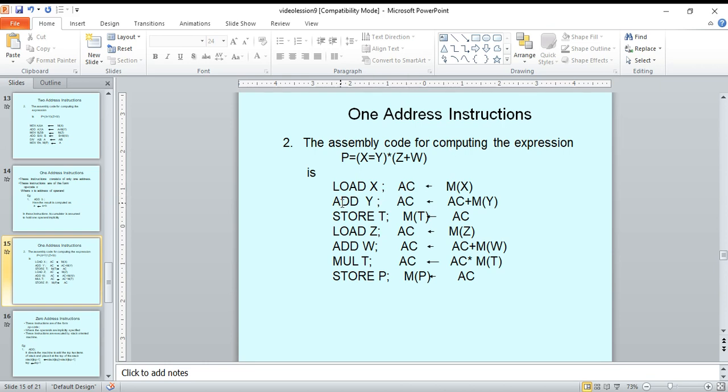And then after, sorry, this is not x equal to y. This is x plus y.